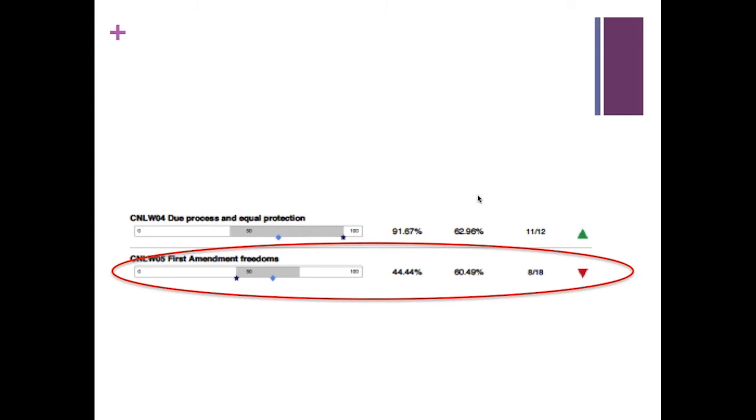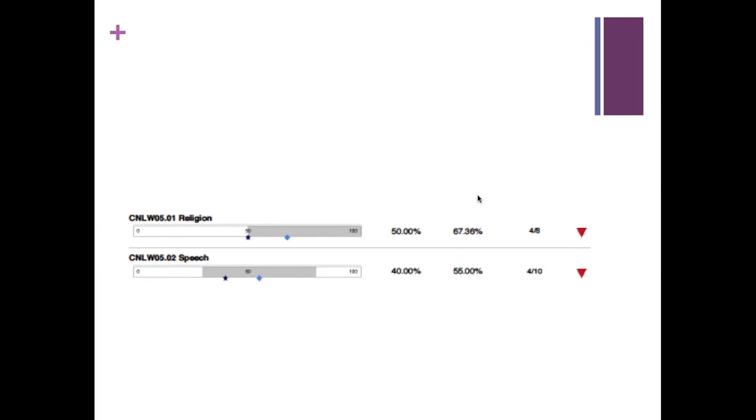Where the student was having trouble, and which brought the overall average for constitutional law down, was First Amendment freedoms, which is 44%, whereas the class average was 60%. But even that doesn't really tell me much because there are different areas within the First Amendment. So we blow that up a little bit more, and we divide that up into religion and speech.